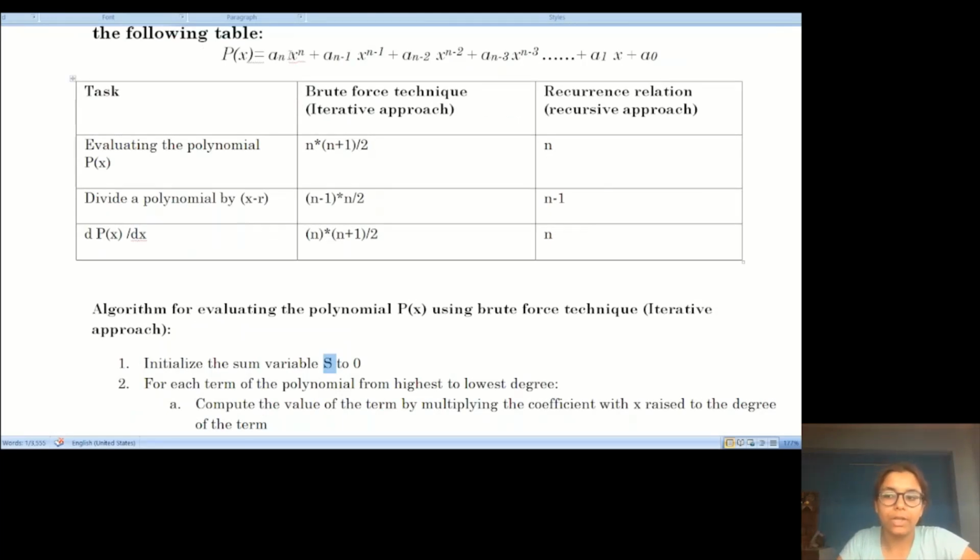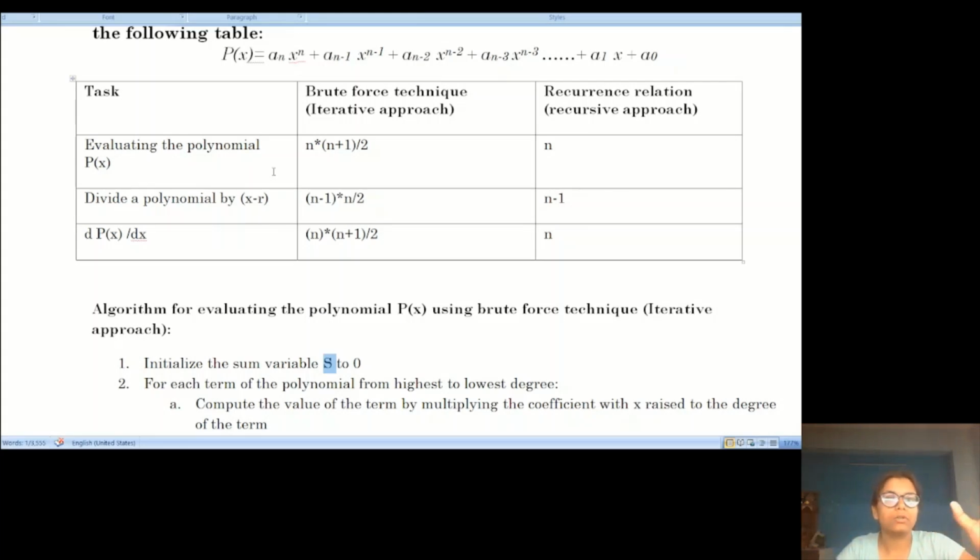So to get the desired term, we have to firstly multiply the x with the coefficient to raise our degree of the term. If we have x^n, then x^n should be multiplied to a_n. a_n is our coefficient, and x^n is our argument.